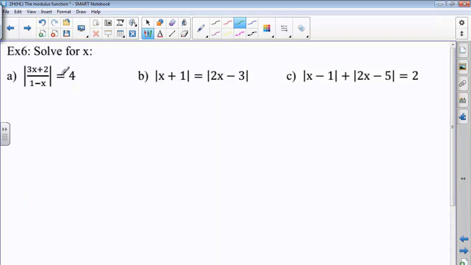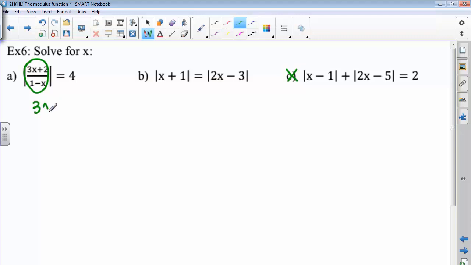Let's look at some more complicated absolute value equations: A, B, C. But C is not required in the DP course, so we can skip this one. Let's look at the first one. This is a rational equation with the absolute value. But anyway, I will take the inside as the entire family.